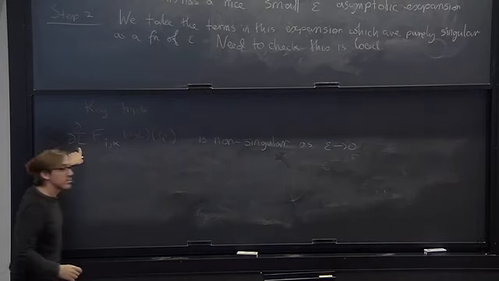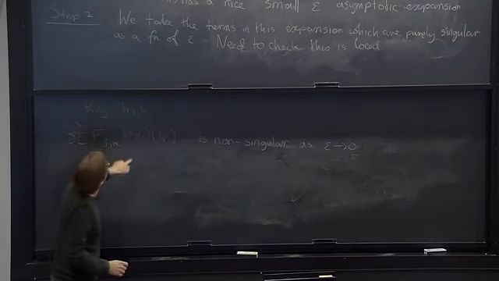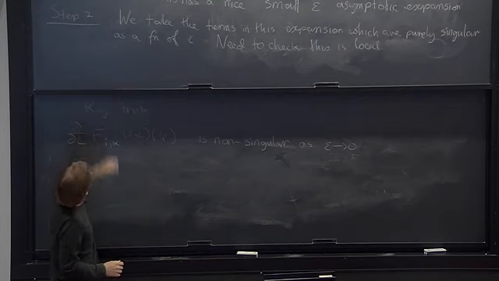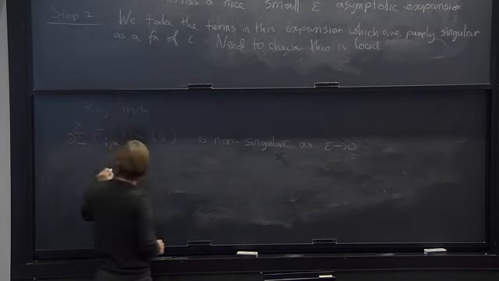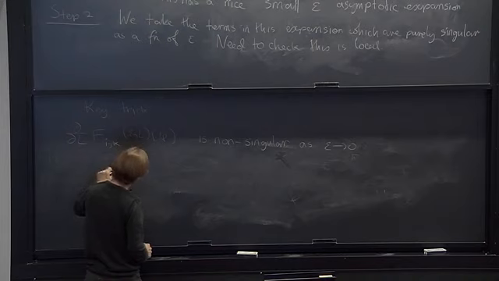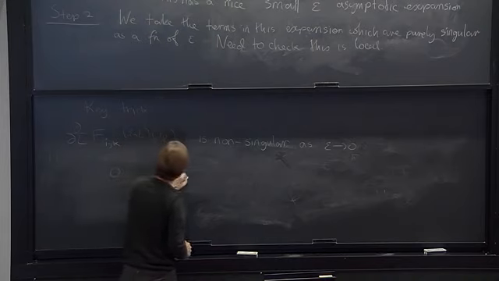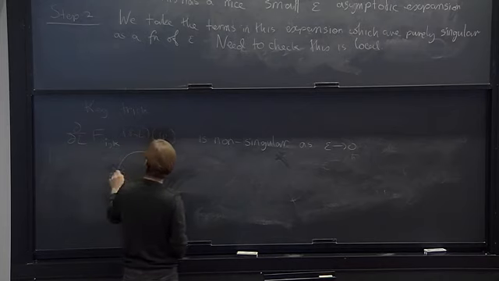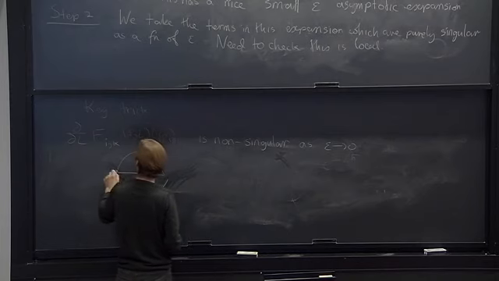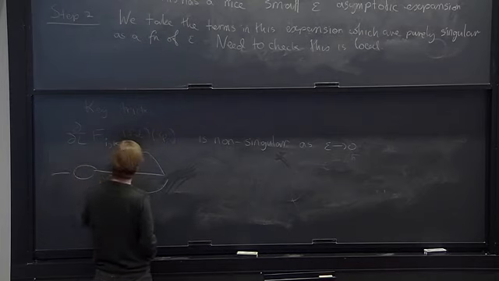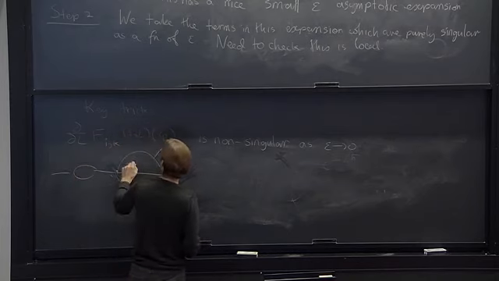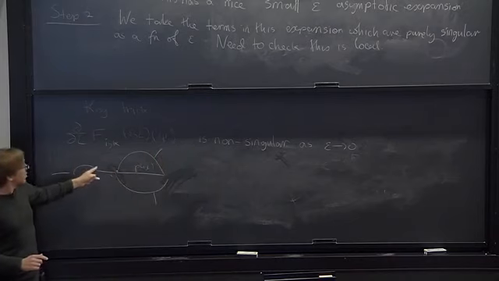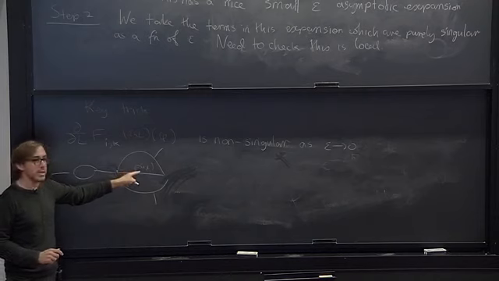So if I differentiate it, what do I find? Well, if I have some diagram, whatever it is, and I have some propagators, the only thing that depends on L is the propagator.